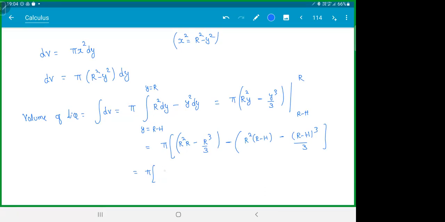That will be 2r cube by 3. Minus this will be r cube minus r square h minus r minus h whole cube. Can I simplify this further? This will become how much? Expand this.